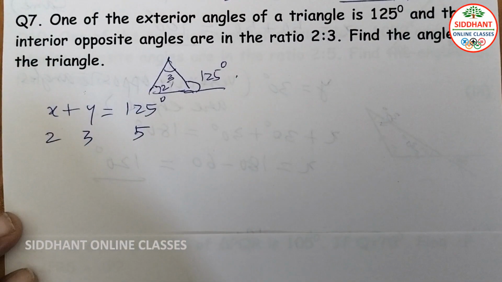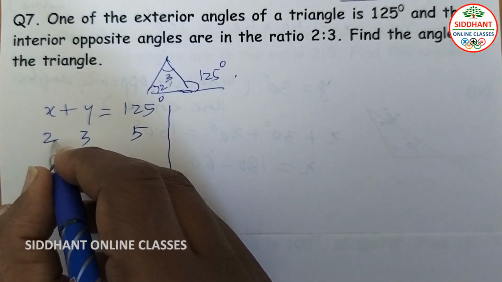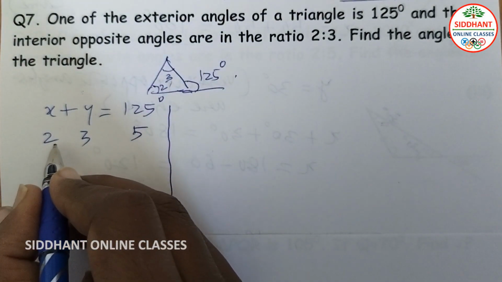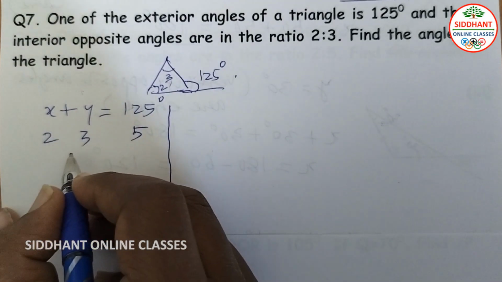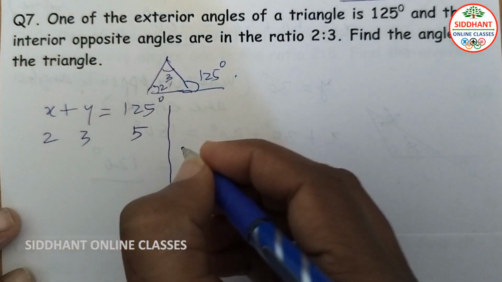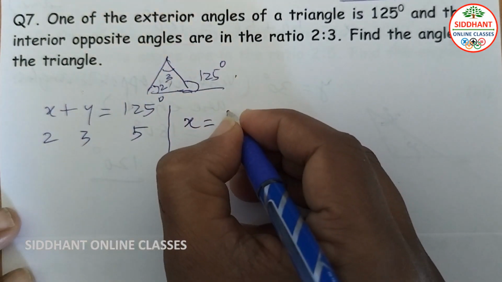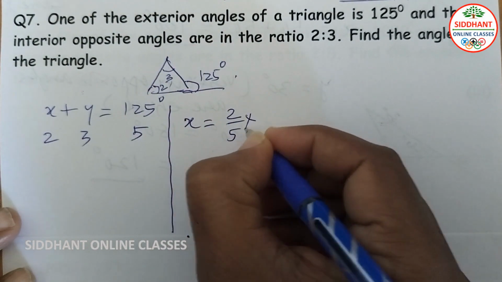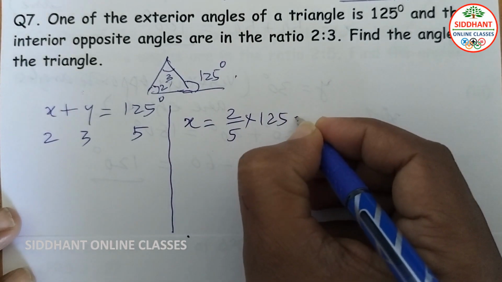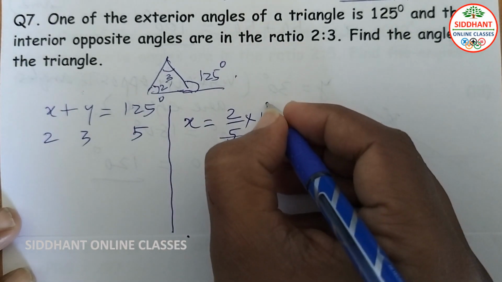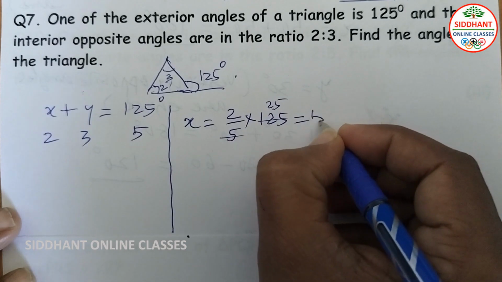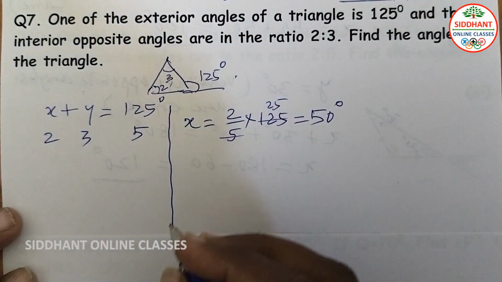And this x and y are in the ratio 2:3 and the sum is 5 here. So to find the angles, we divide the sum according to the ratio. So the x angle will be 2 by 5 into 125, that will be 25 times 2, which is 50 degrees here.